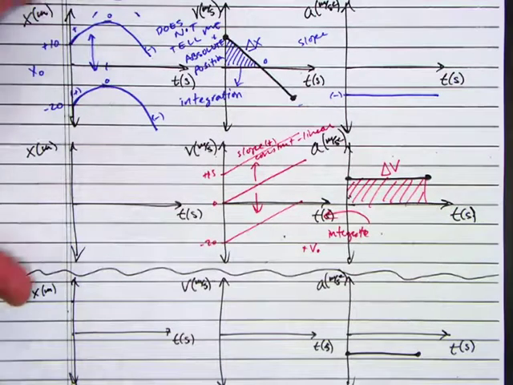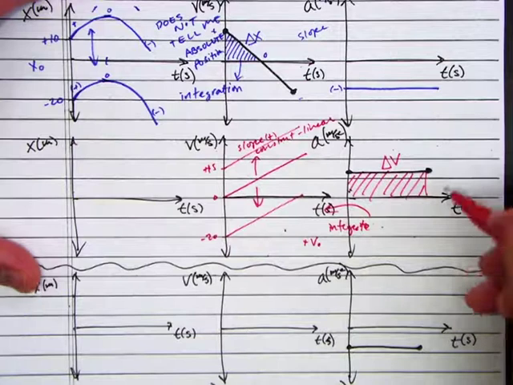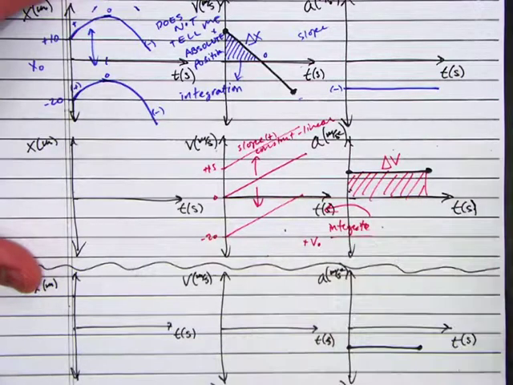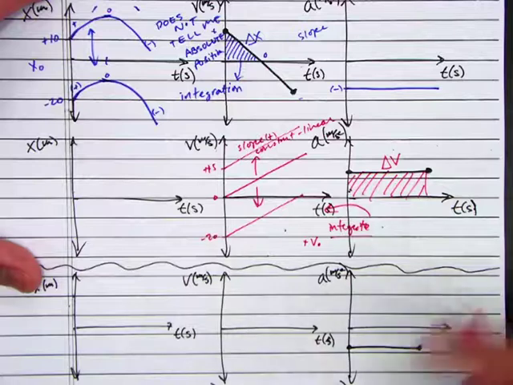which I could show you real quick, where that comes from, and this is just a brief aside for those of you that are going to take calculus down the road.